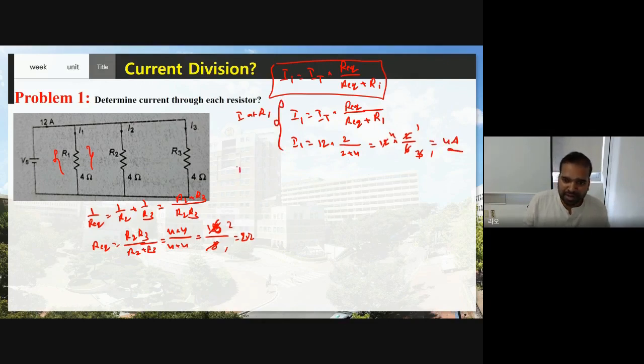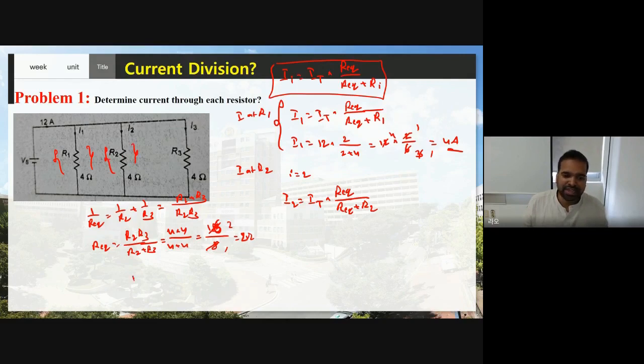Now if you want to find current at R2, what do you need to do? Instead of R1, you need to keep R2. Therefore I2 equal to IT into R equivalent by R equivalent plus R2. Yes or no? Yes. As the R1, R2, R3 resistor values are 4, 4, 4, the R equivalent is the same. Now you are finding current at R2, so you should not consider this R2.